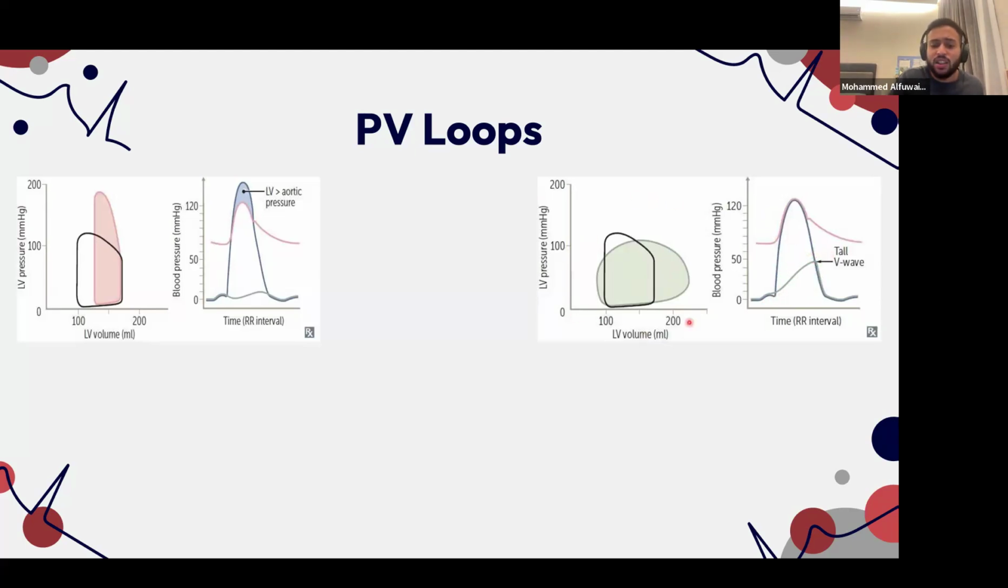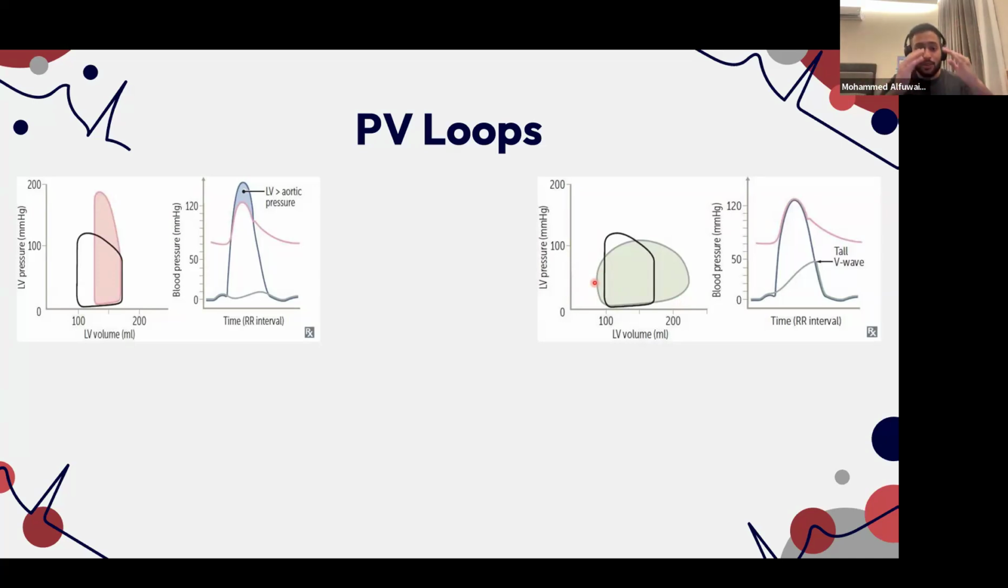What can you see in the PV loop? Increased afterload. Why? Because during each systole, some of the blood is going to the atrium. So that causes two effects. A, it decreases the end systolic volume because more blood is moving somewhere else, in the atrium and the aorta, in two different places.